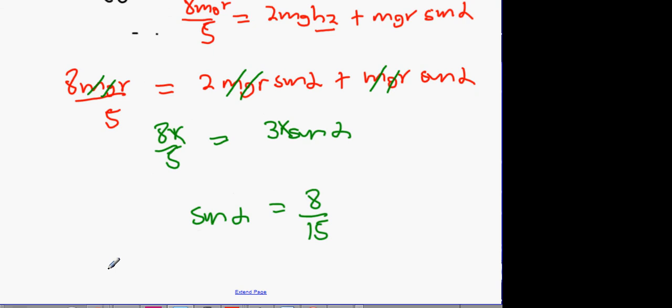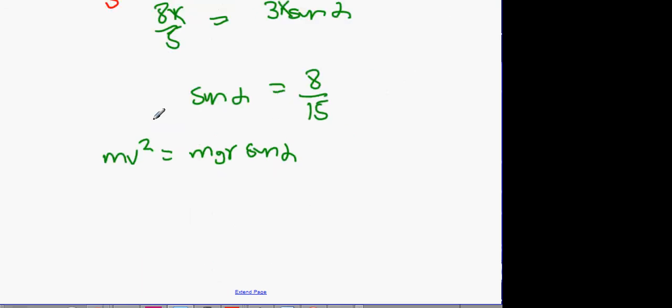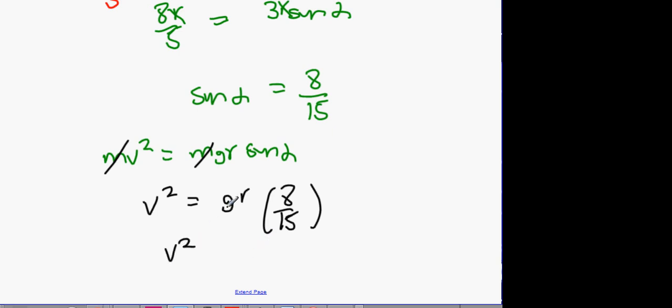Okay, cancel the m's, and what we get is v squared equals gr sin alpha, which is 8 over 15, and finally v squared equals 8 over 15 gr.